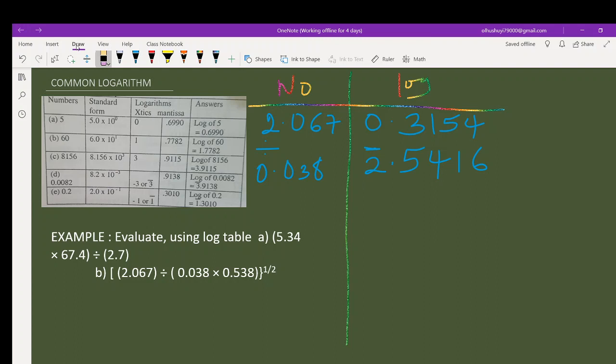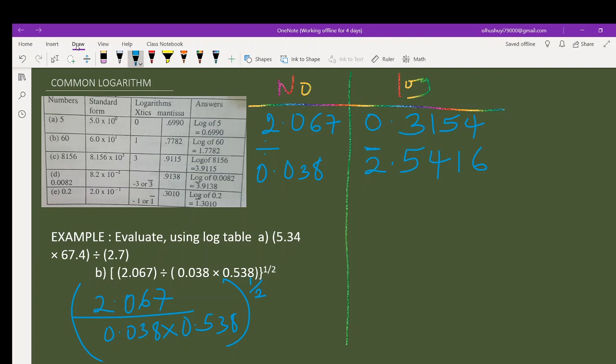If I rewrite this for you, it is the same thing as 2.067 divided by 0.038 times 0.538, everything raised to power 1/2. That is the square root. That means square root of everything you have done.